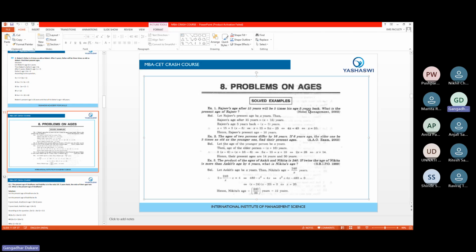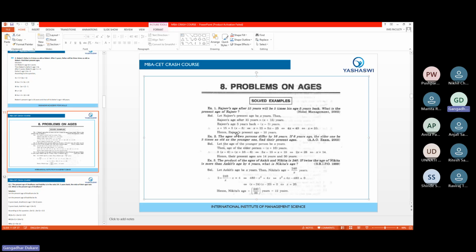5 times his age 5 years back. The age of Raju 5 years back is x minus 5, and 5 times means multiplication, that is 5 into x minus 5.